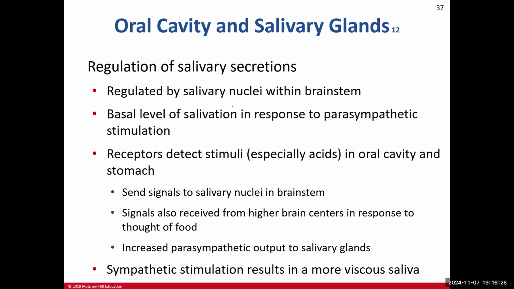They then cause the parasympathetic nervous system, that's going to be your glossopharyngeal nerve. Vagus plays a role, but that is going to stimulate the salivary glands in your mouth.